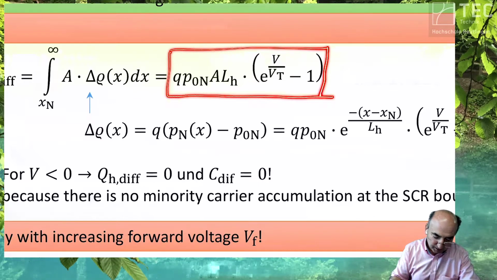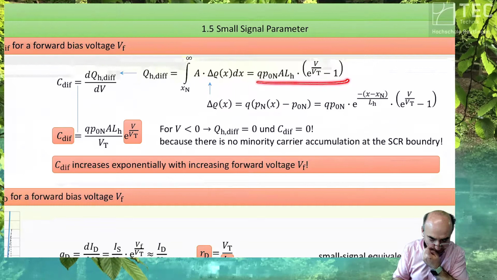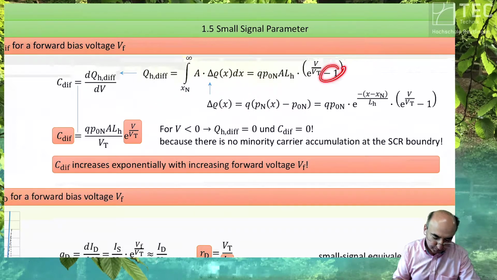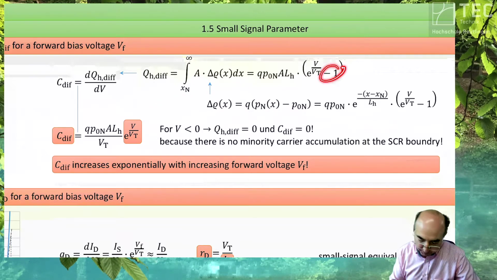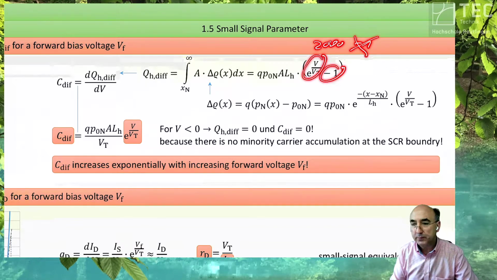The result is something very important. I have put this result to here, okay? And I have said, well, minus 1, yeah. If this value is 2000, then minus 1 doesn't count.